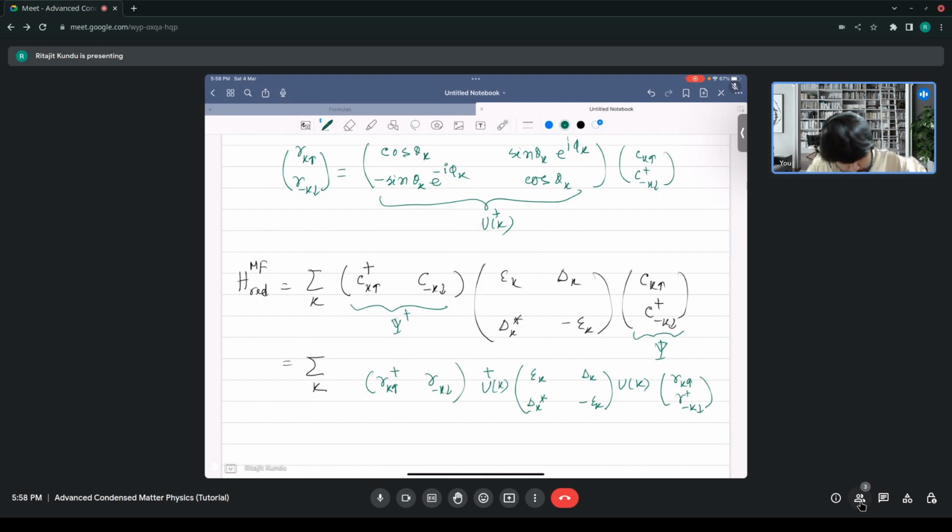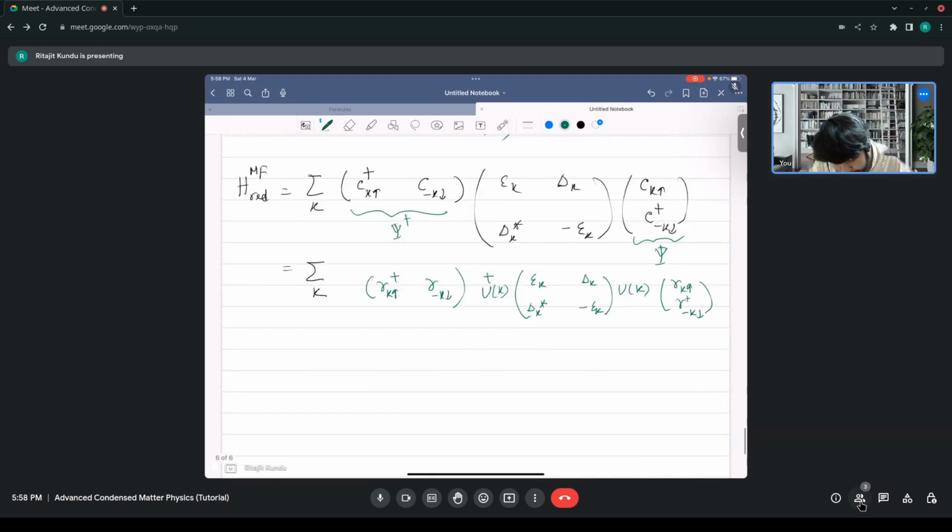I am assuming that this Hamiltonian is diagonal when I write it in terms of gamma. That means this now unitarily transformed Hamiltonian is diagonal, so this whole thing will reduce into some diagonal matrix.